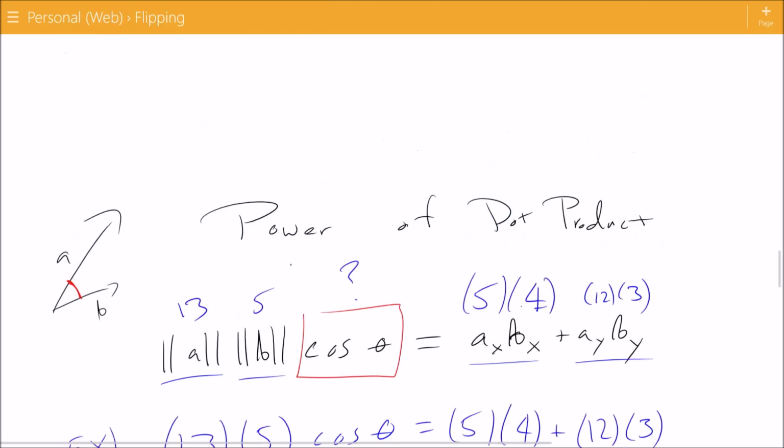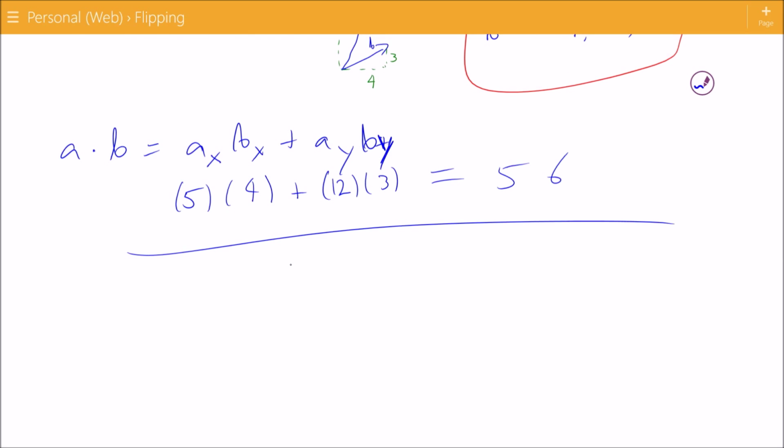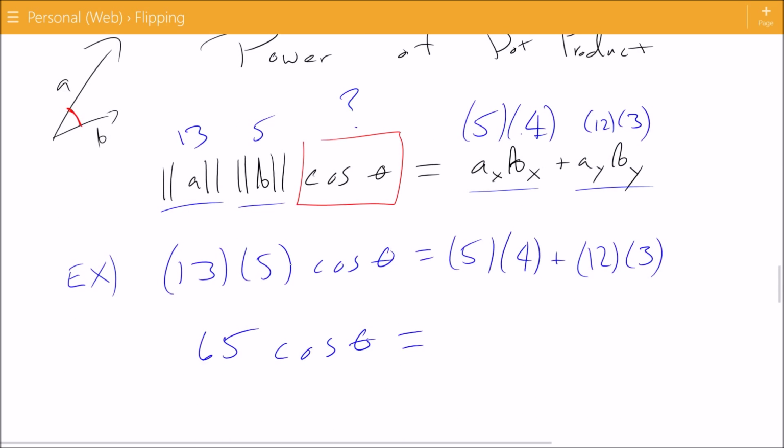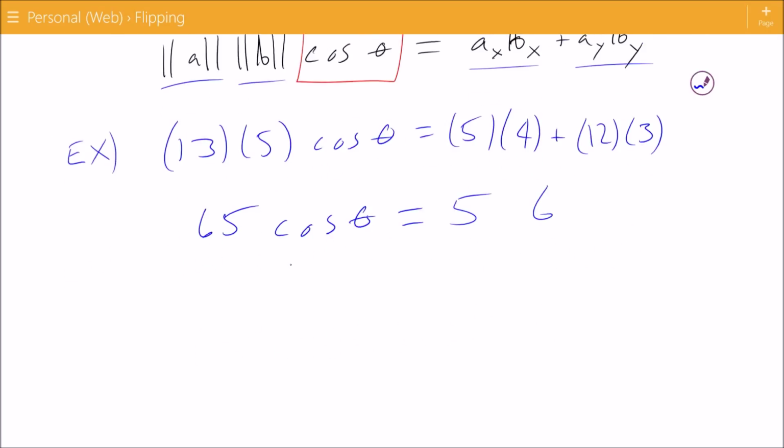In fact, we did just a moment ago, and we said this was 56. To get cosine of theta by itself, divide both sides by 65. That would be not so helpful if I divided by 56. Divide both sides by 65. And we get the cosine of theta.